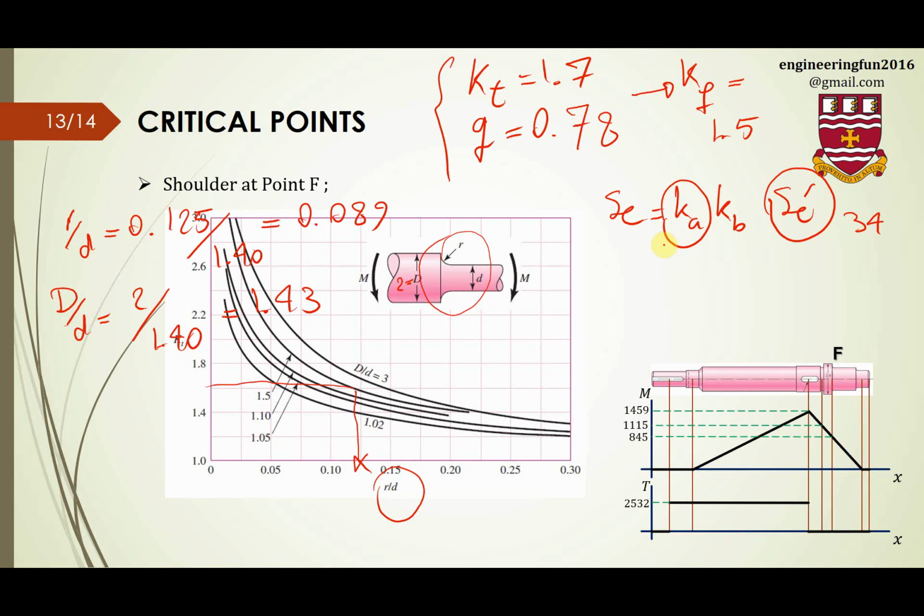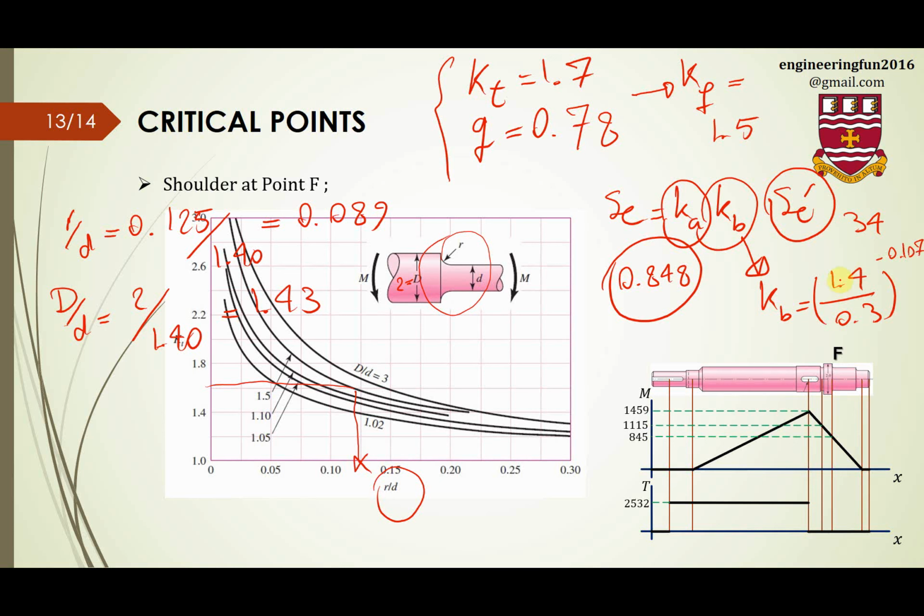Ka was the same thing that we found in the first step because it's a material property, so it doesn't change in every step. But Kb depends on the load and depends on the diameter, so it's different for each part. So in this part, Kb is 1.4 divided by 30%, and the exponent is 1.107.